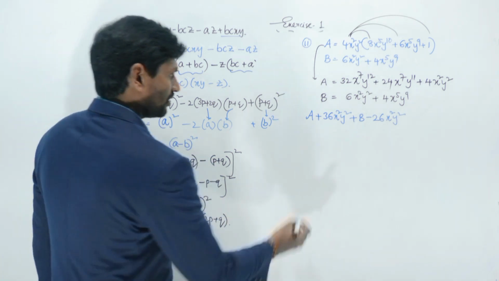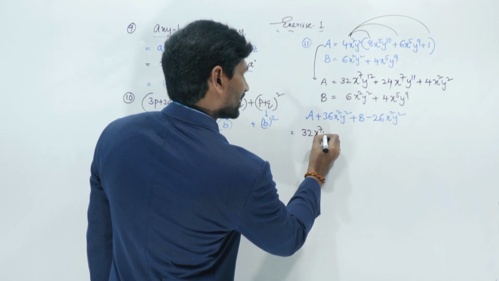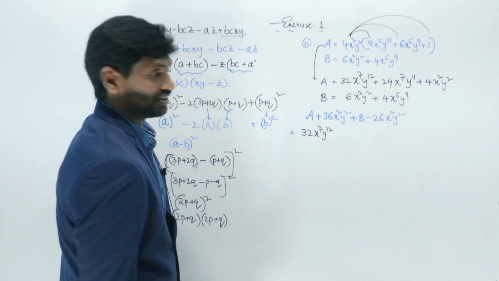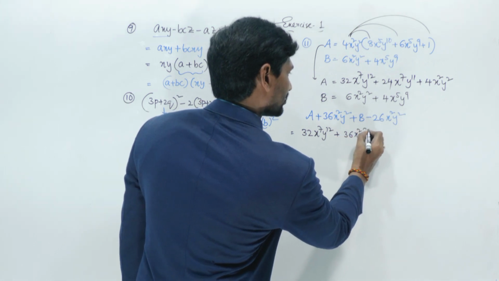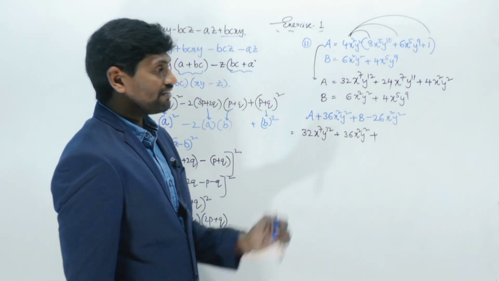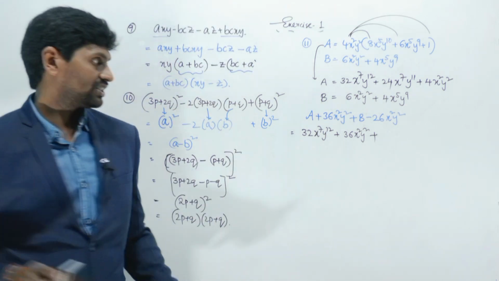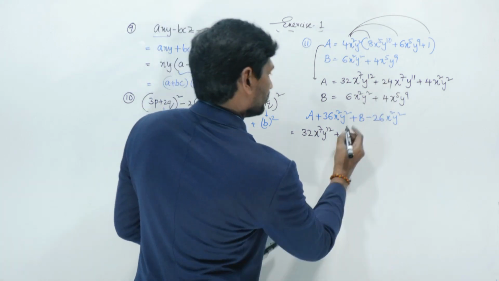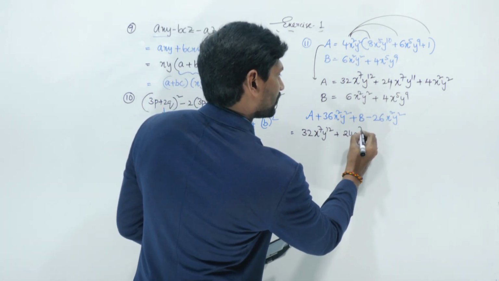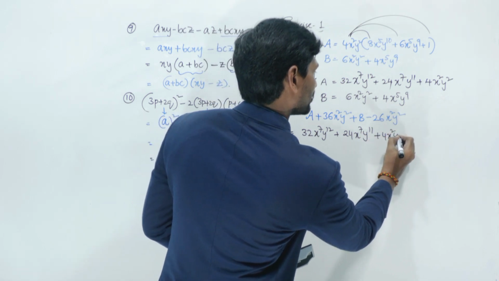A value is 32x power 7 y power 12 plus 24x power 7 y power 11 plus 4x square y square.